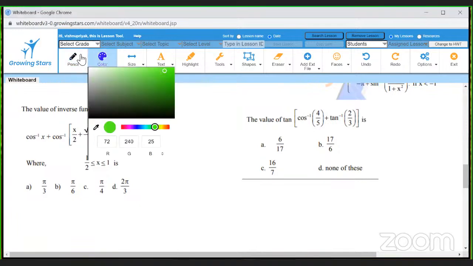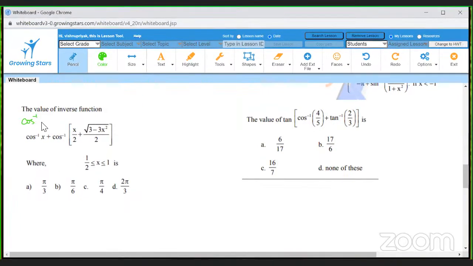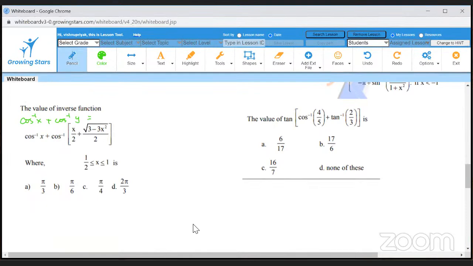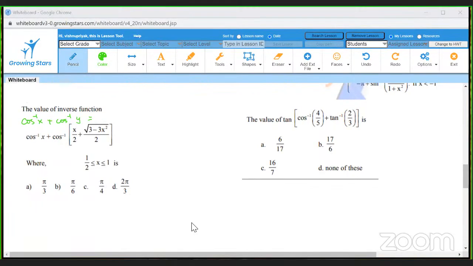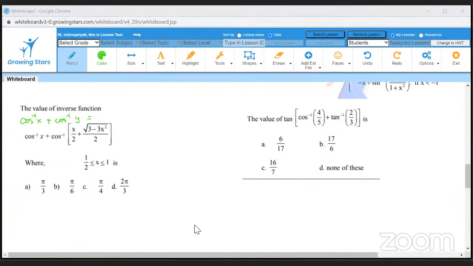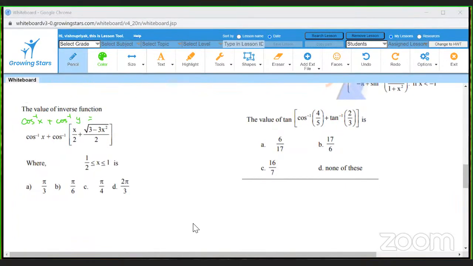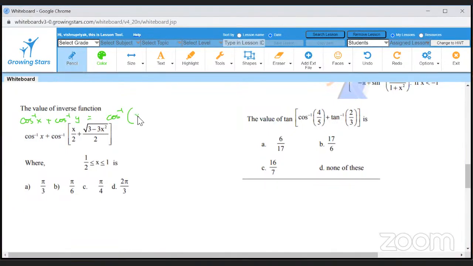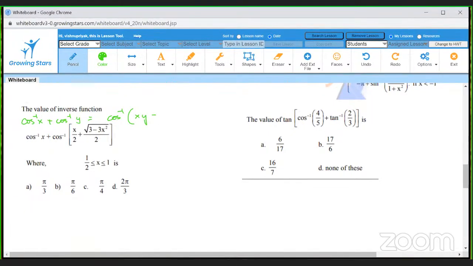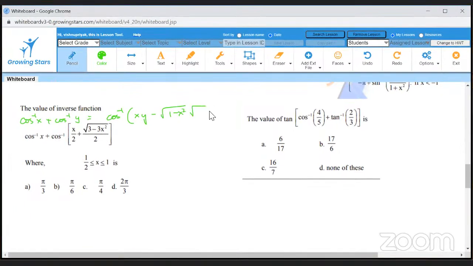Actually, the formula you have is cos inverse x plus cos inverse y formula. And what is the formula for cos inverse x plus cos inverse y, which I gave you? Do you remember? One formula is cos inverse of xy minus square root of 1 minus x square into square root of 1 minus y square.